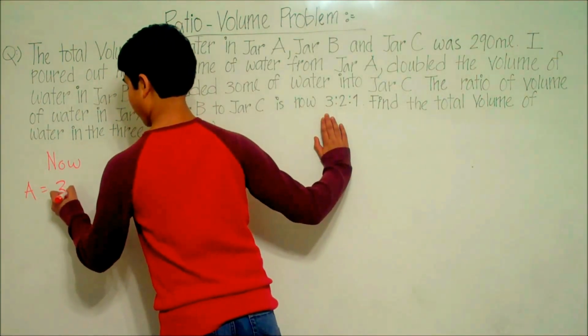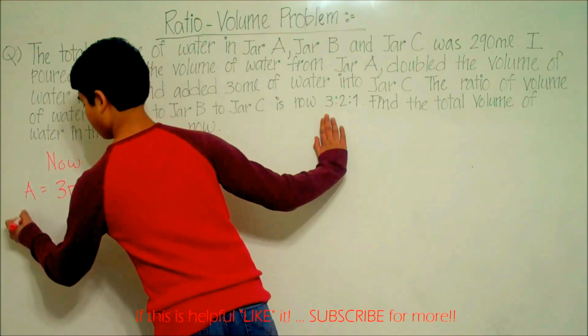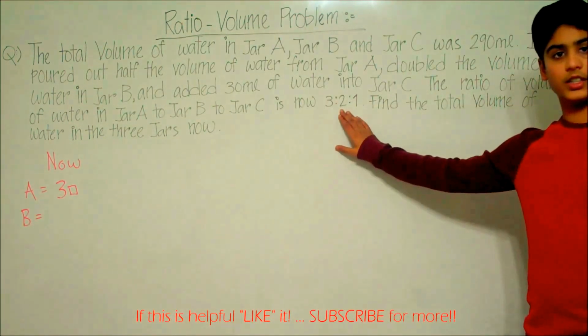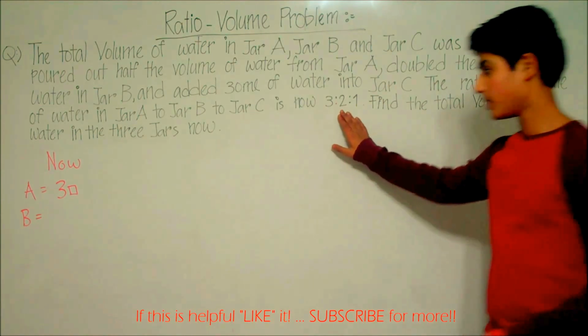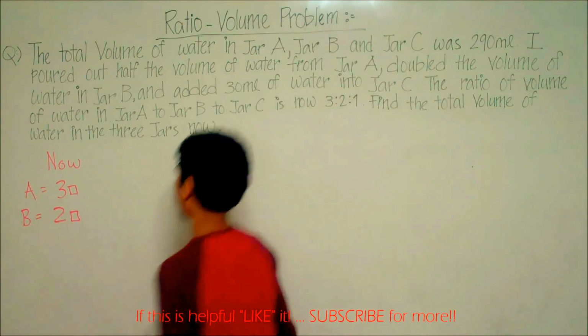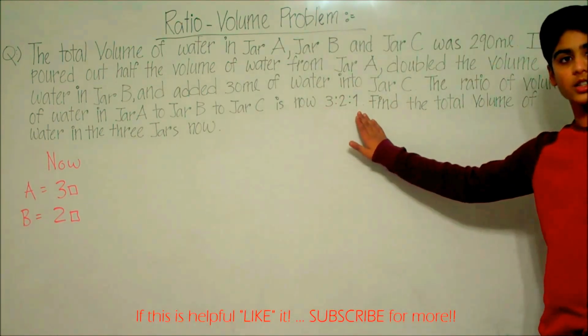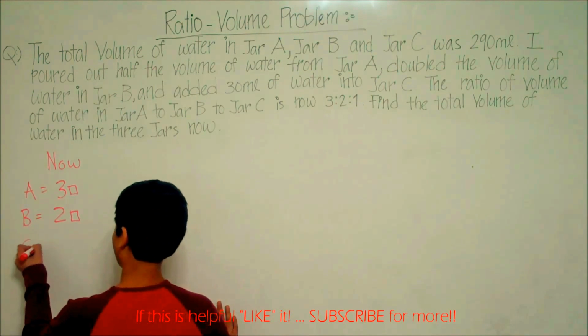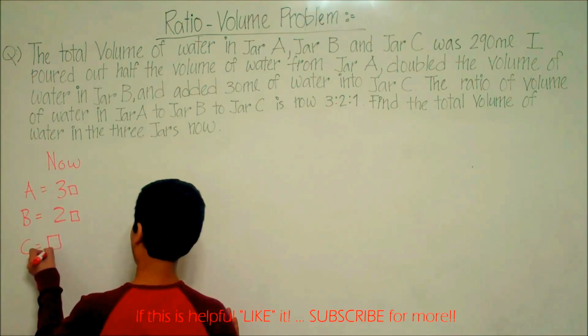B has 2 units of water. And C has 1 unit of water.